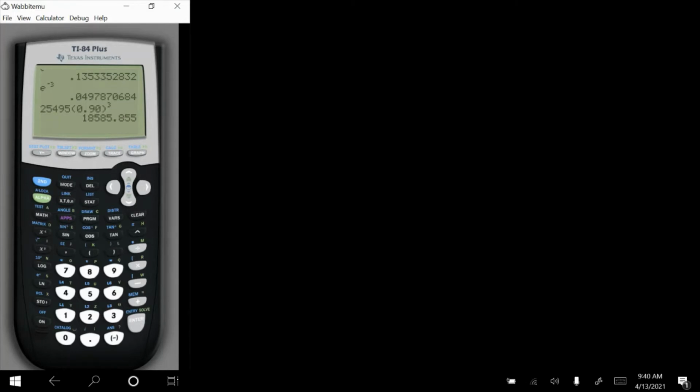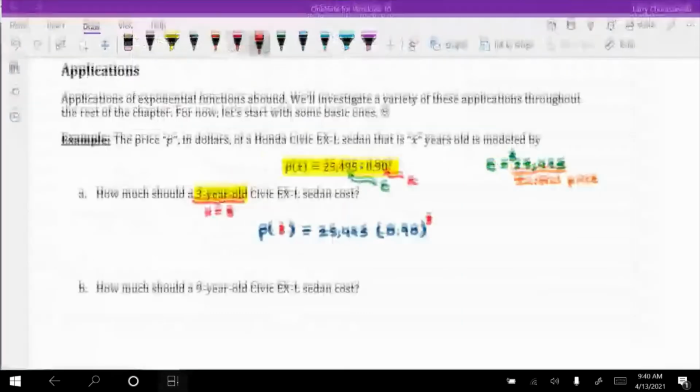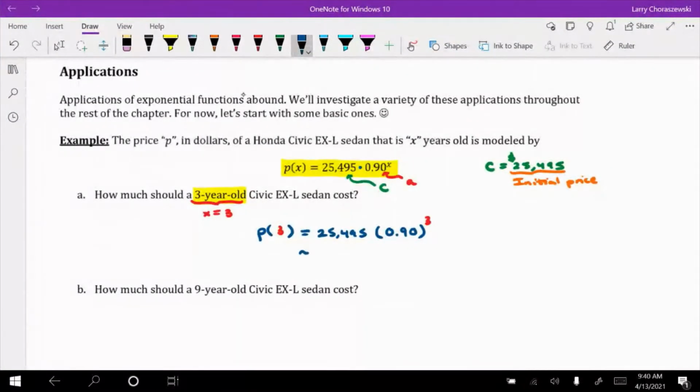Just after 3 years, the price drops by roughly $7,000. So it's a pretty steep drop for such little time. But that would be the price. Let's round it to the nearest penny. So $18,585.86.